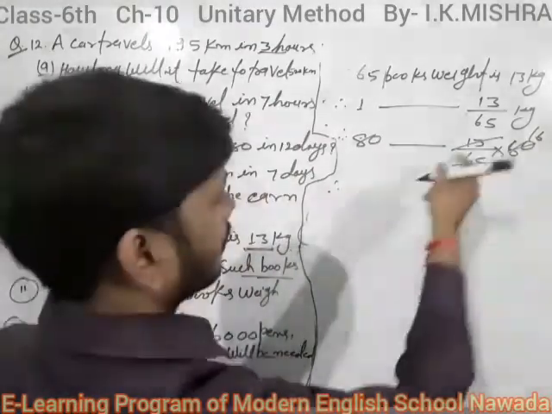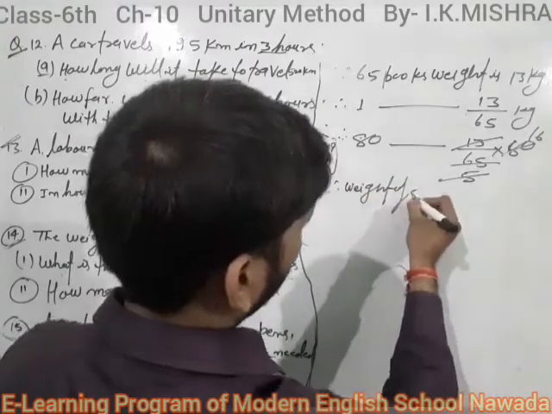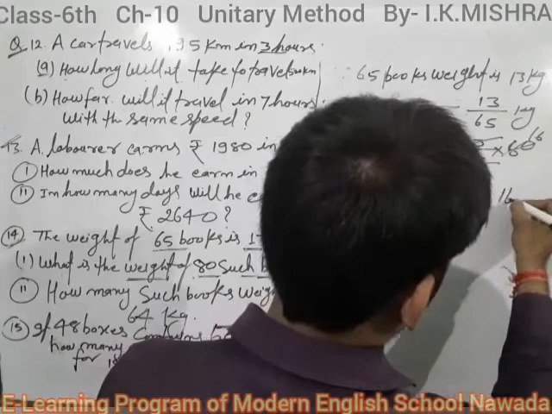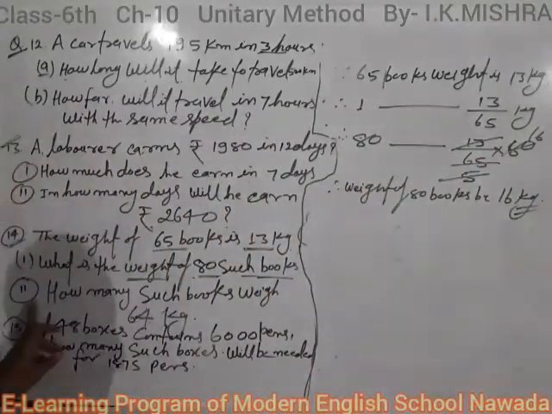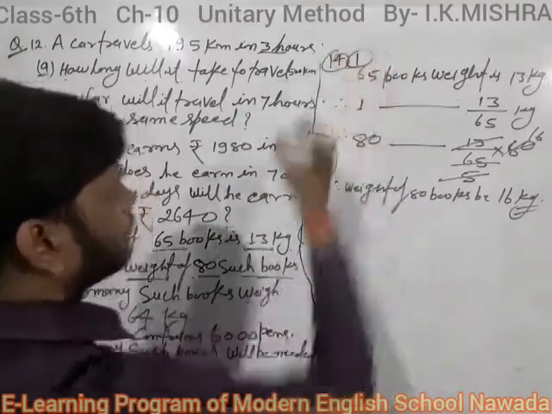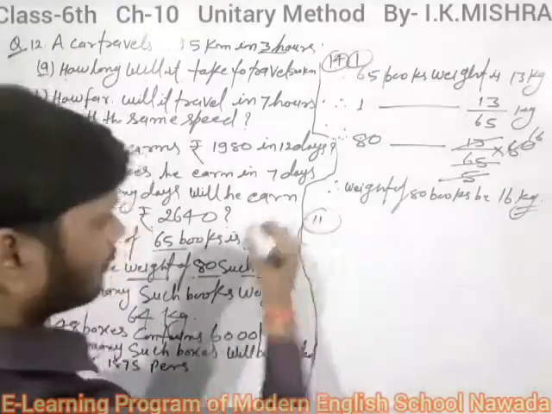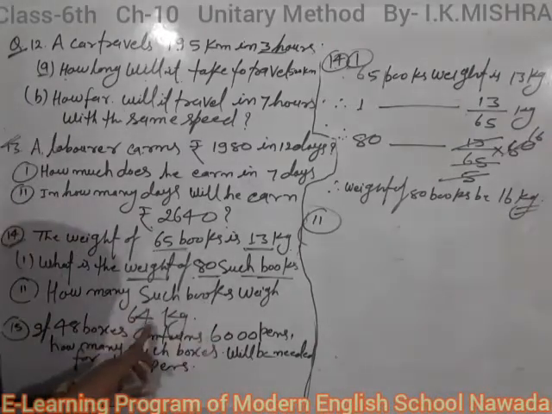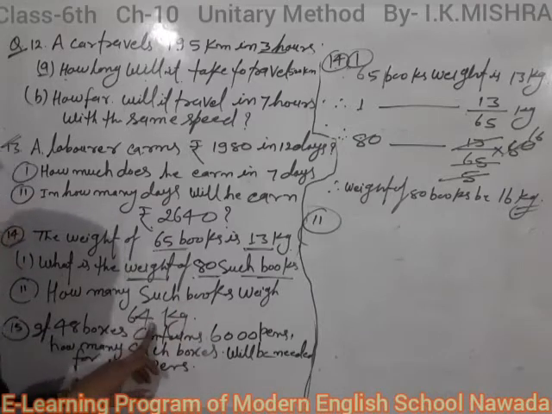So here the weight of 80 books will be 16 kg. Clear friends? Now proceed to question number 2. Here 14.2. How many such books weigh 6.4 kg?